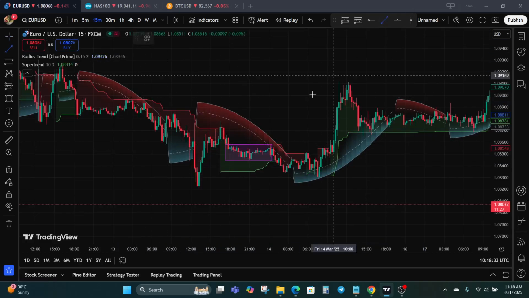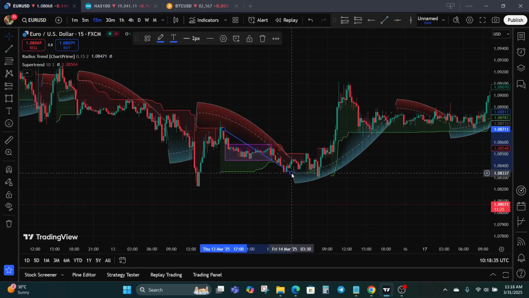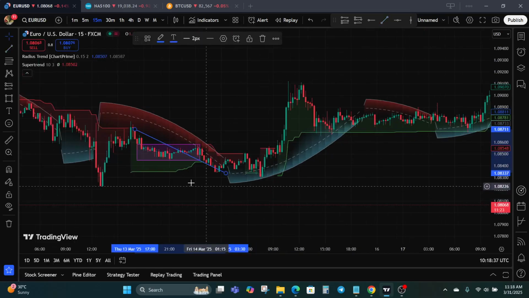The impulse move was still a sell, but the super trend gave a buy signal, while the radius trend maintained the sell signal, maintaining the fact that there was still prevailing bearish momentum. So this is just another difference that I was able to observe.